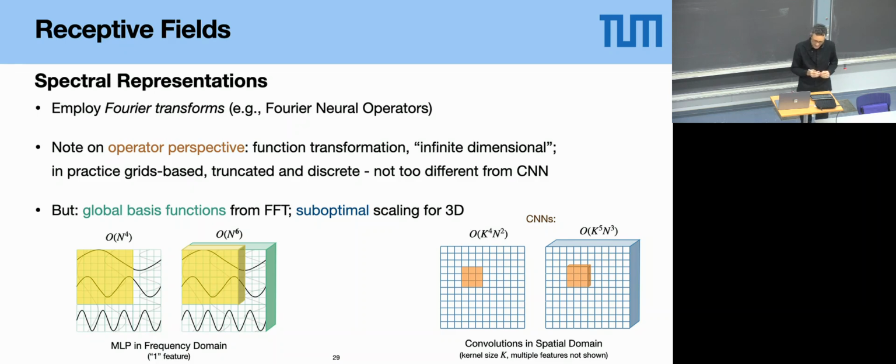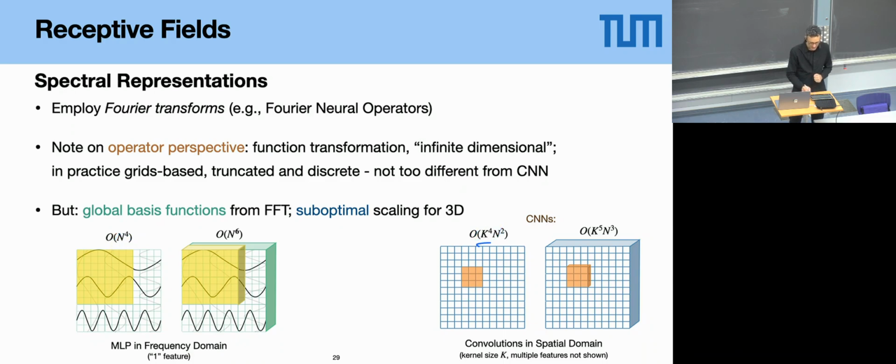So if we have a certain kernel size of k, then also in 2D we actually get that squared. So it's similar to what you get in 2D for these FNOs.